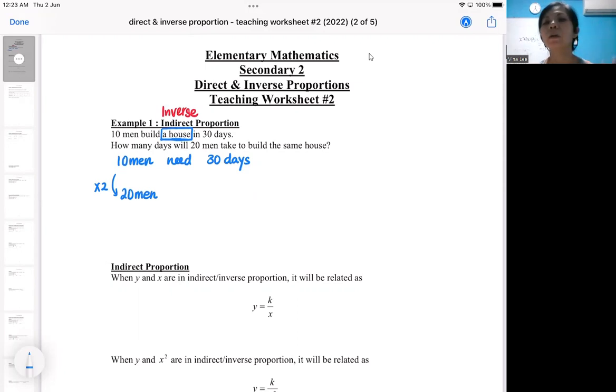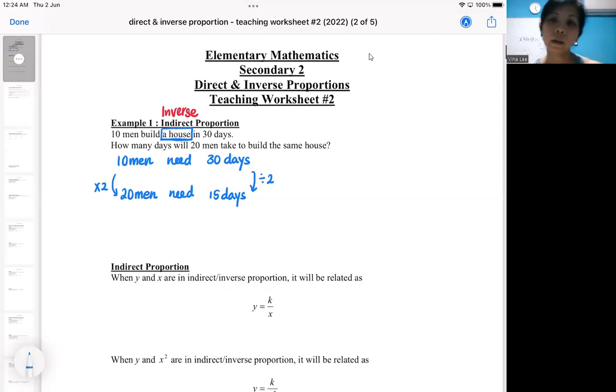So if I double up the number of men with the same amount of work, I shouldn't take twice as many days. If I got double the manpower, I should need half the usual amount of days. So it will be 15 days.